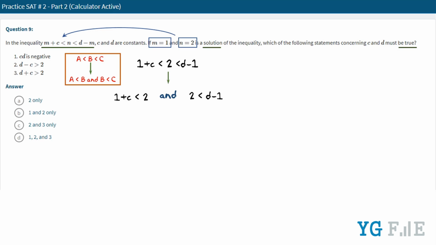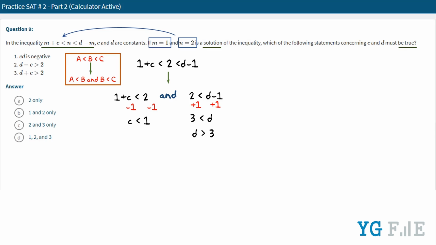From the first inequality, if we subtract both sides by 1, then we will have c is less than 1. And from the second inequality, if we add 1 to both sides, then we will have 3 is less than d, which is equal to d is greater than 3. So now we have two inequalities about c and d: c is less than 1 and d is greater than 3.